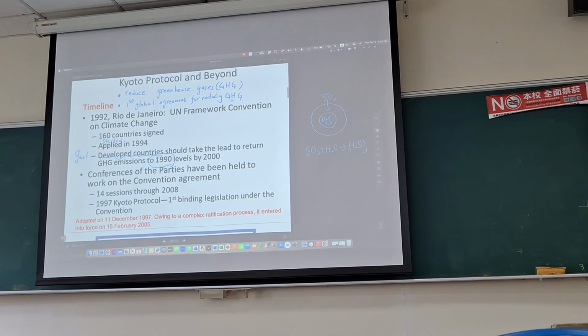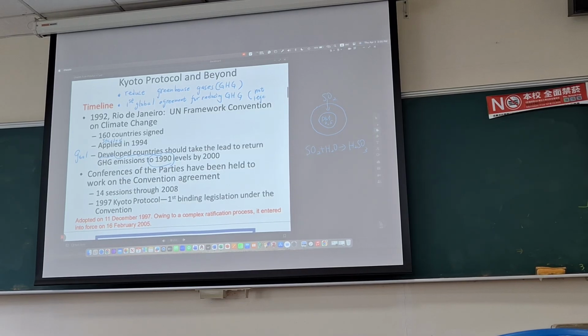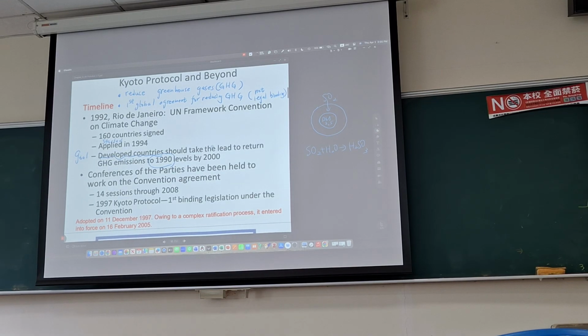But the problem is, this is just an agreement. There was no legal binding. So no legal binding for the Kyoto Protocol.